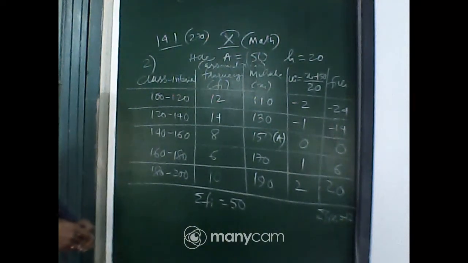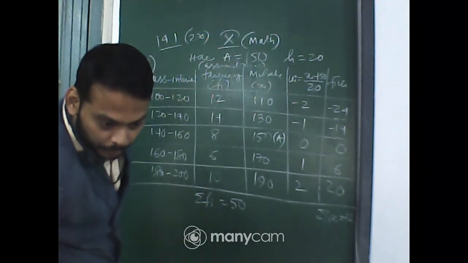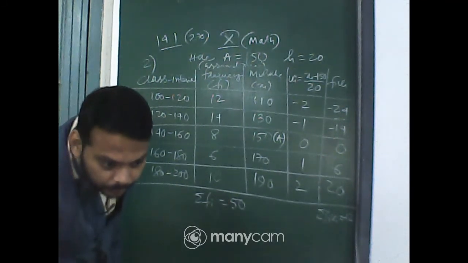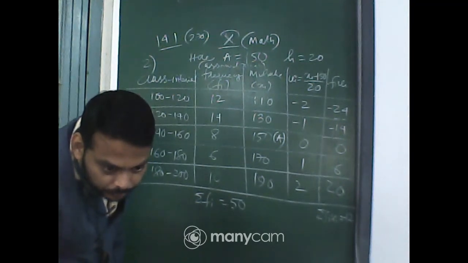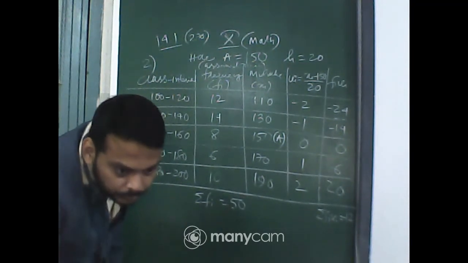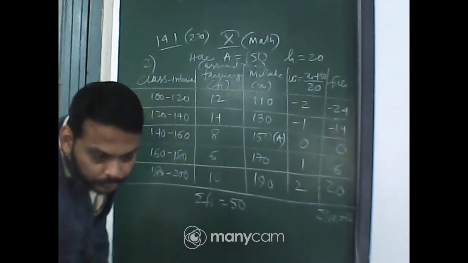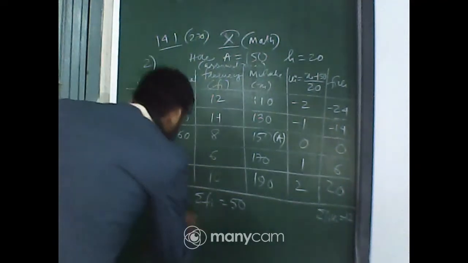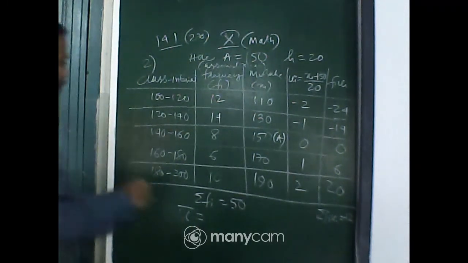Now first of all find u bar, the mean with respect to the variable u.